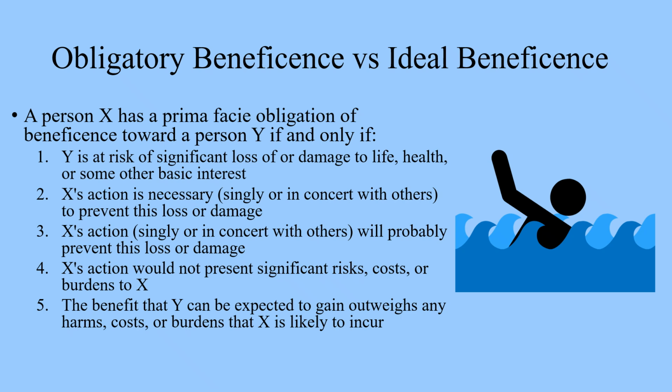So only if you have the ability to bring about the certain outcome that is alleviating the harm that Y is experiencing. That's another criterion. And then the onlooker's action, X's action, would not present significant risks, costs, or burdens to X. So if you don't know how to swim, and it could ultimately be the case that you drown trying to save this other person who's drowning, that would pose significant risks or costs to you as the onlooker.